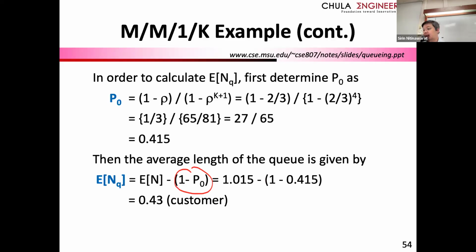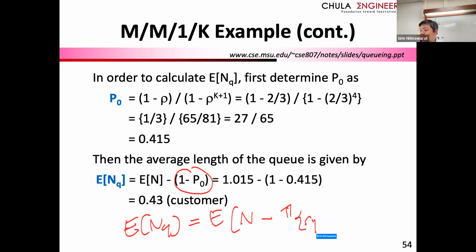So when I compute E of NQ, I can write it as E of N subtract the indicator function of the system being non-empty.